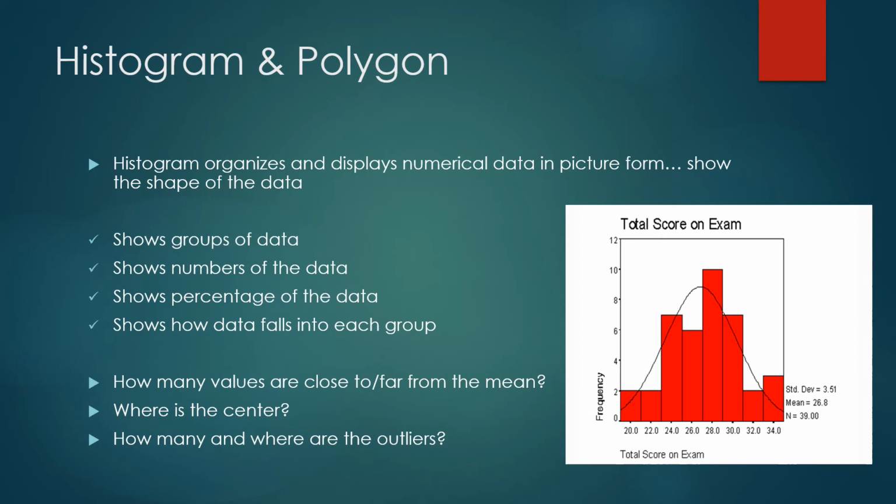So some of the things that it's useful for, right, is to show how close or far your values are from the mean. So it doesn't just show the mean, but it also shows the standard deviation, which is really important because without the standard deviation, sometimes just giving a mean number, an average number, can be misleading, right?